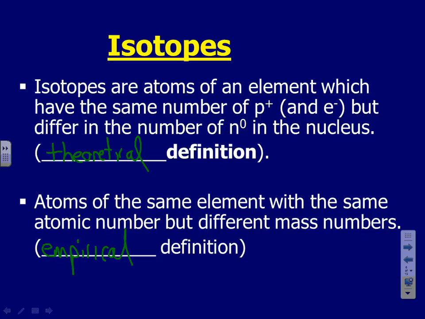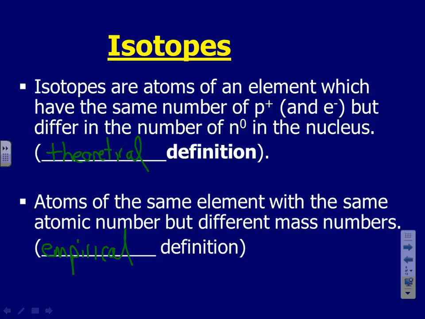And what that translates into is when they started to discover that there were elements of different masses, they realized that they really were sitting in the same place on the periodic table. So isotopes are atoms with the same atomic number or number of protons. The mass might be different, but they all exist in the same place on the periodic table, and hence they're called isotopes.